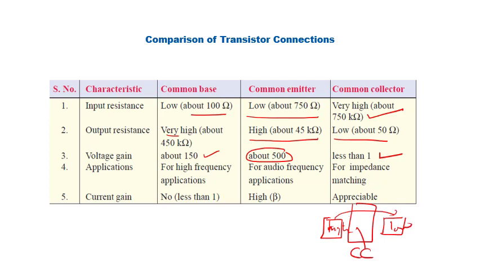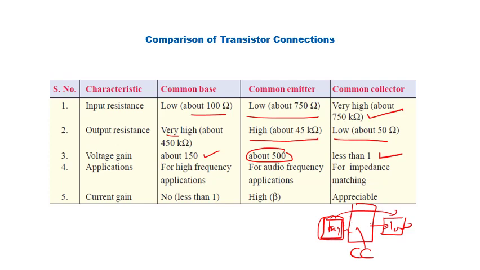The input resistance of common collector is high, so a signal source with high impedance can be easily connected to the common collector, and the output has a low impedance, so we can easily pass the signal to the outer part without any impedance mismatching.